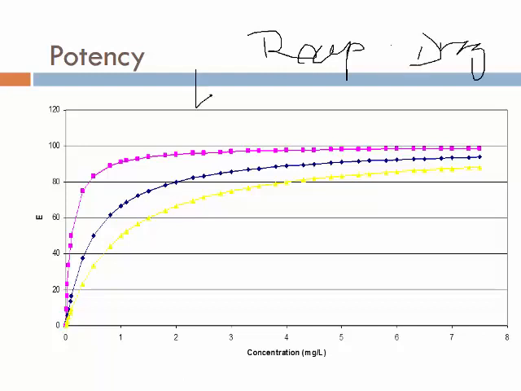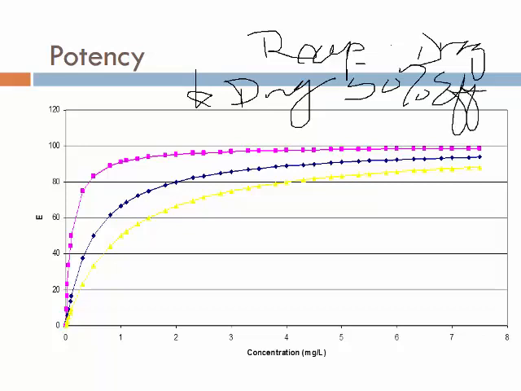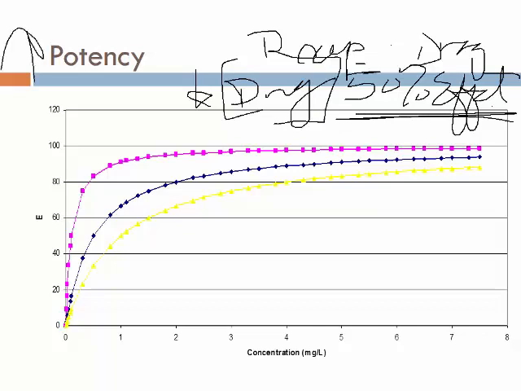So the lower the amount of drug it takes to get 50% of the effect is our potency. So the lower concentration of drug we need to get 50% of effect is our highest potency. Let's think about that for a minute. So this is just like any affinity constant. What's the concentration where we're at 50% effect?